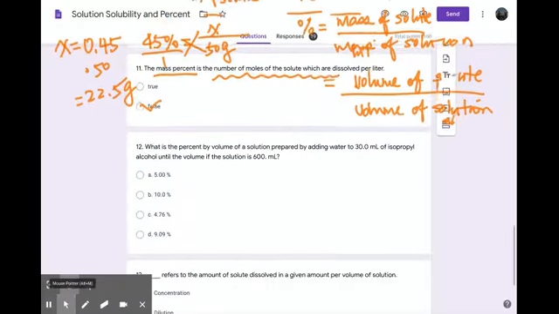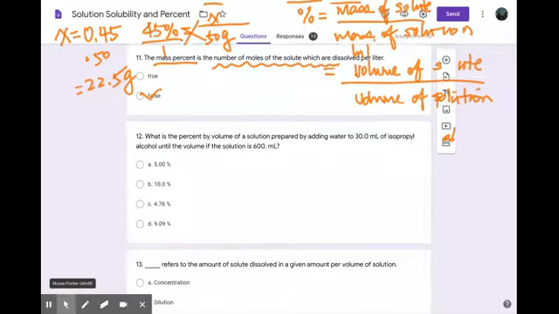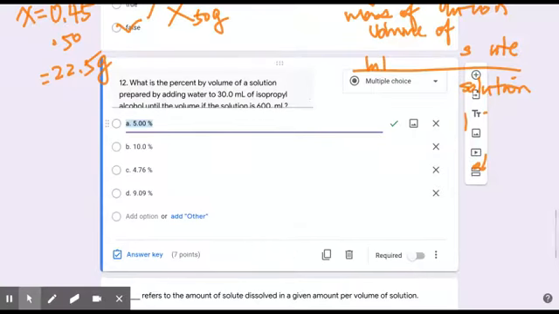Next, what is the percent by volume of a solution prepared by adding water to 30 ml of isopropyl alcohol until the volume of solution is 600 ml? So, straightforward. We're looking for percentage.